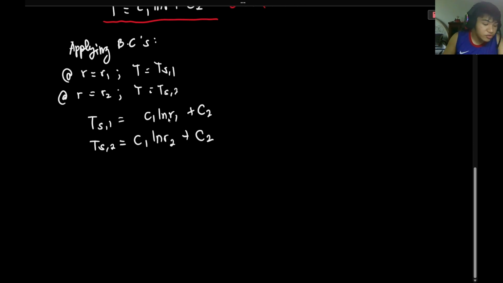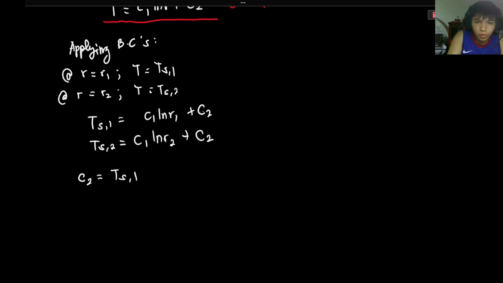And we solve for C. So we're solving for C. So, ayan. So, let's have C2. That's equal to TS1. So, kunin muna natin nandito. TS1 minus C1 ln R1. And for the second one, that is TS2 minus C1 ln R2.